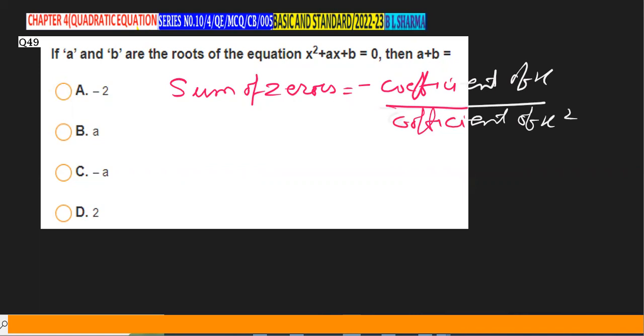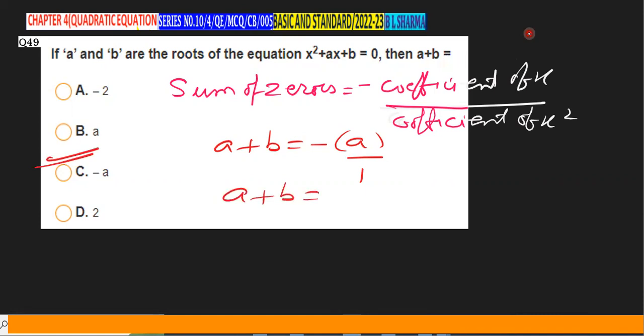So the sum of zeros, which is already given as a plus b, is minus a upon 1. The coefficient of x here is a, so we have to write minus a. So a plus b will be given by minus a. So C is the answer.